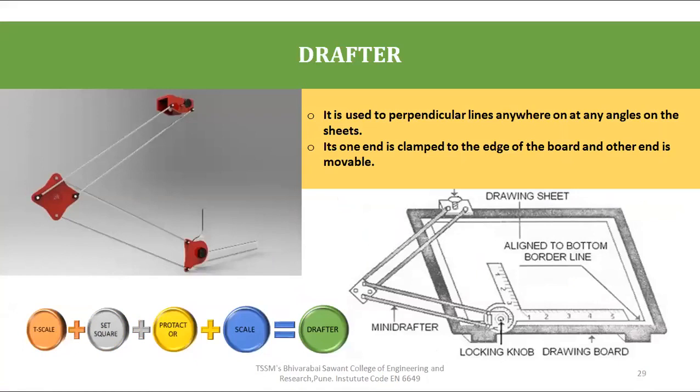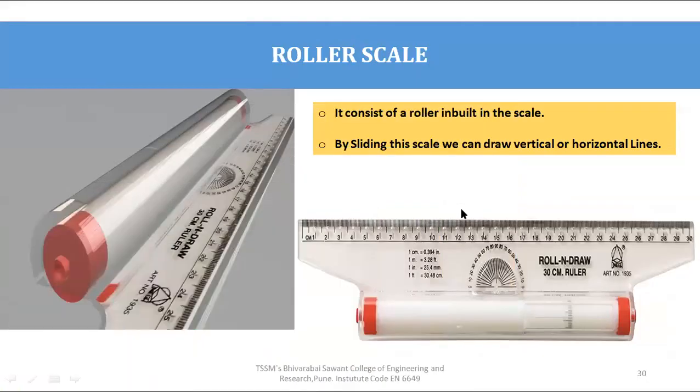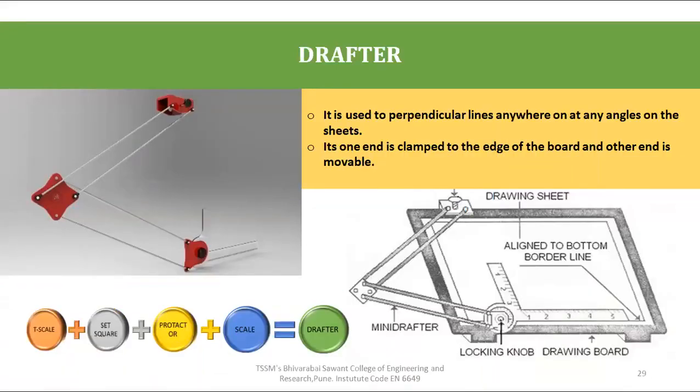Drafter. Friends, drafter is one of the most important components of engineering graphics. In this drafter, there are two ends. The first end, we clamp on a drawing board. The other end is free, and on it we have two instruments or two scales.